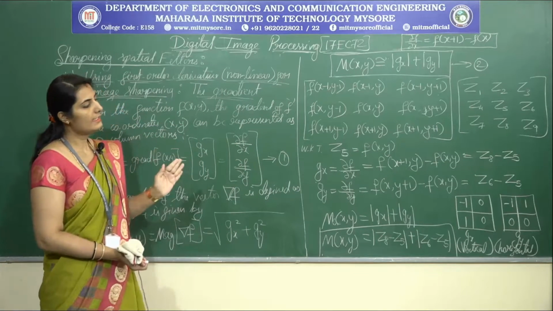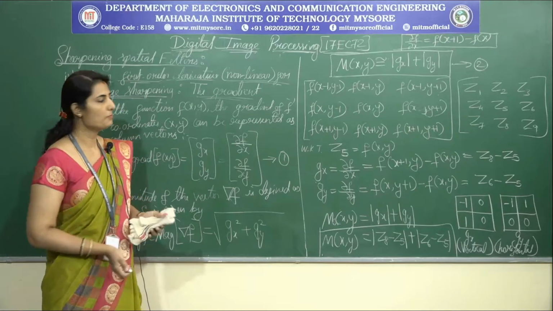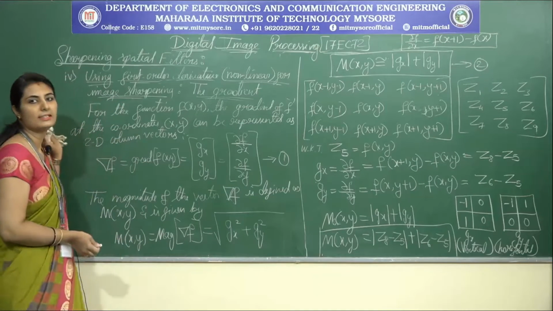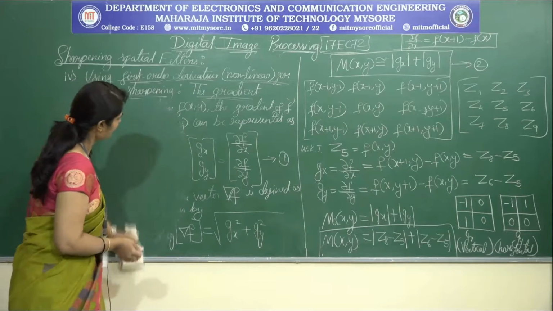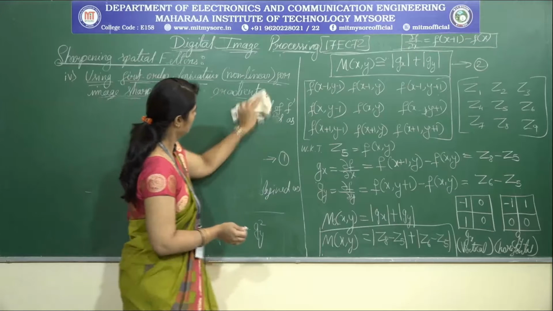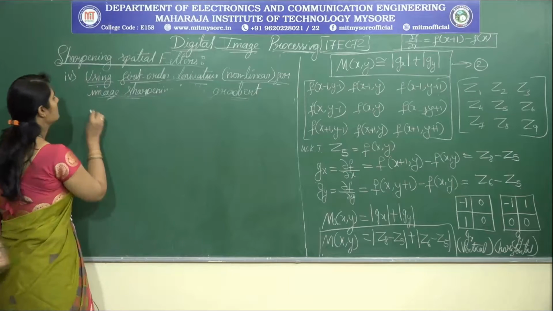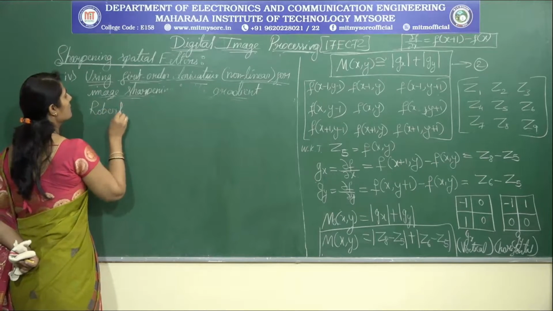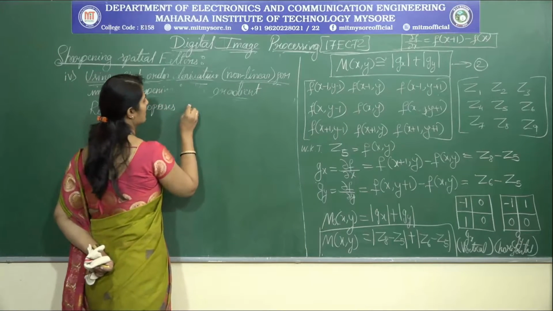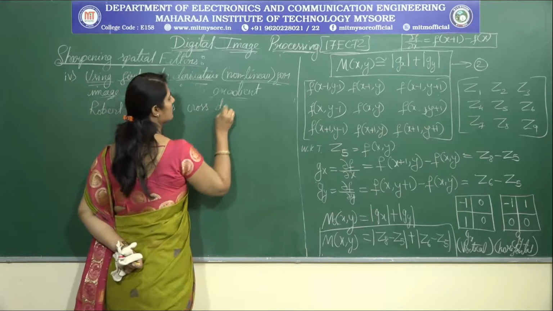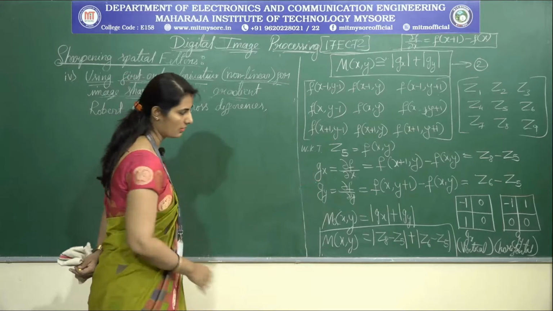And here a person by name Robert proposes one more kind of mask which we call the cross gradient mask. Robert proposes cross differences, that is for vertical and horizontal.